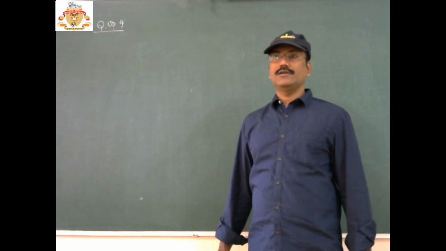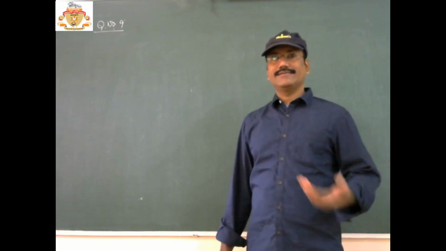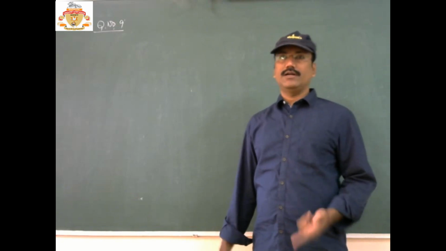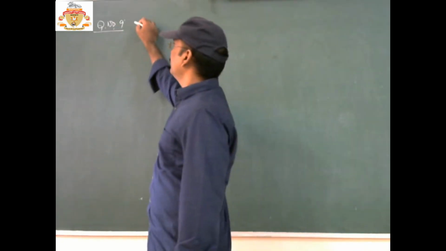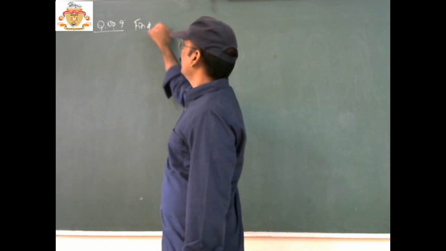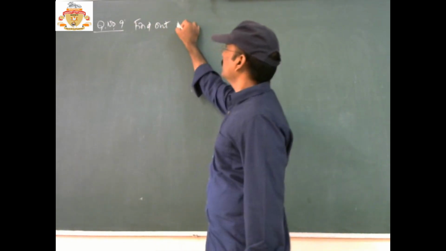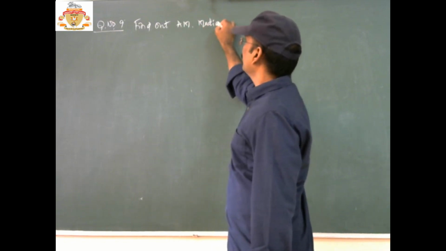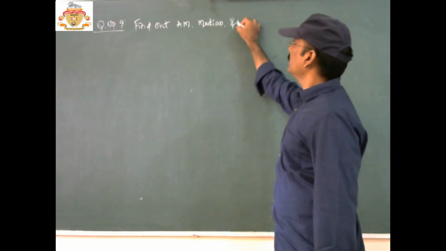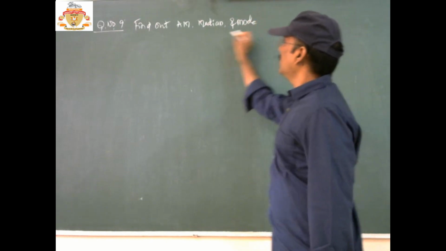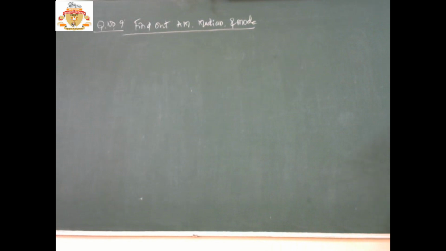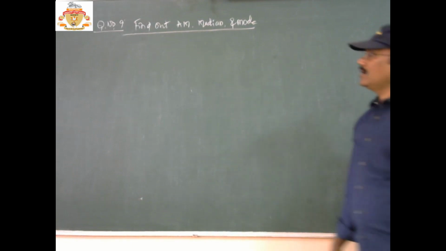Question number 9 is once again related to mean, median, mode calculation in case of ungrouped data. The question is: find out the arithmetic mean, median and mode.